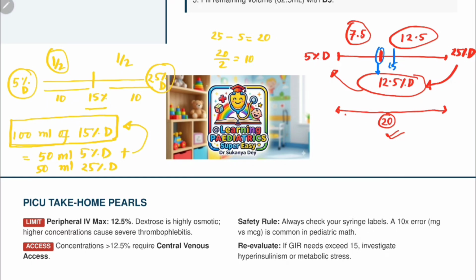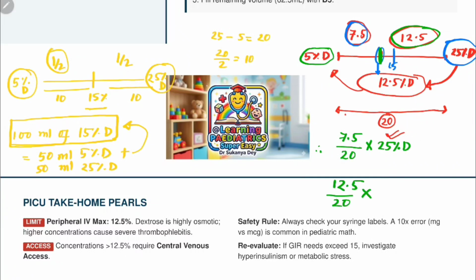So we have to mix a small amount of higher concentration fluid and a large amount of lower concentration fluid. That will create a lower concentration. Suppose you have to prepare 100 ml of 12.5% dextrose.